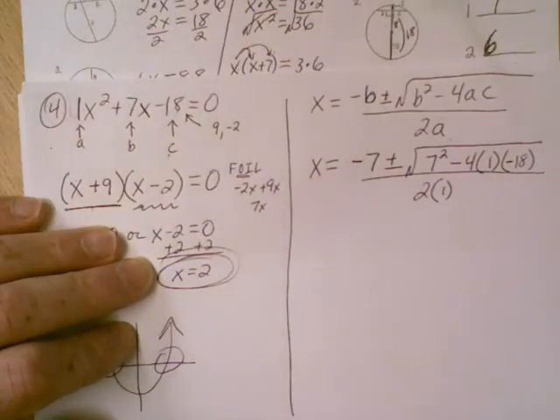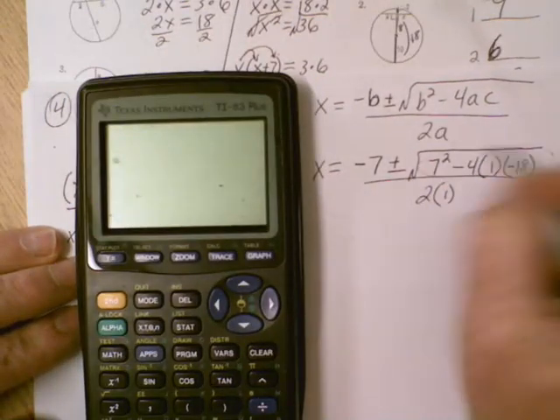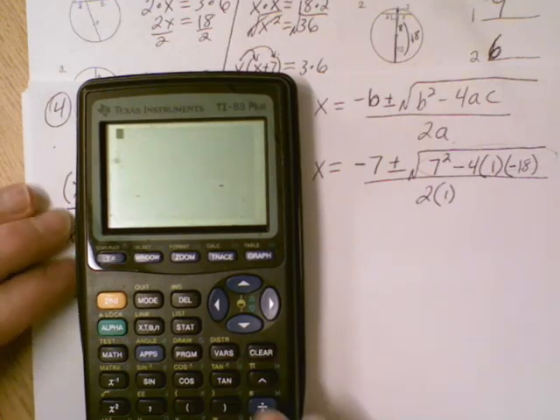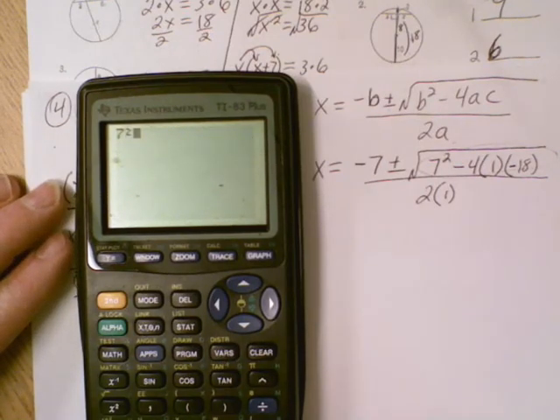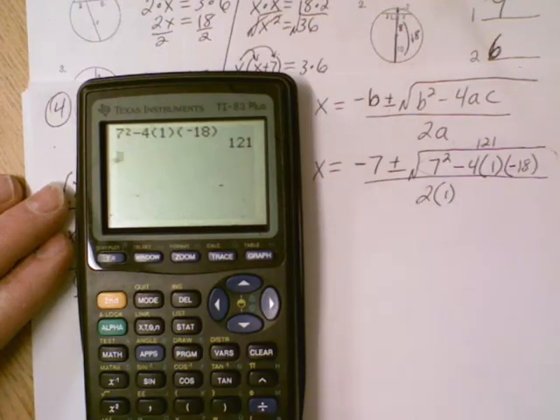When I do this, I grab my calculator and I do all of this underneath the radical right there. You can plug it all right into your calculator just the way it is. 7 squared minus 4 parenthesis 1 parenthesis, open up a new parenthesis, negative 18, close that parenthesis, hit equals, and you end up with 121.